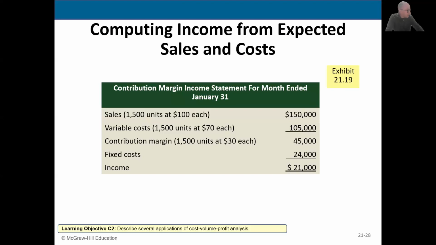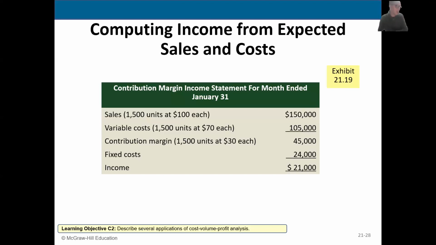So based off of these expected sales, I can figure out what my expected income should be. So 1,500 units at $100 a piece, that's $150,000 in sales, minus variable cost of $105,000, equals contribution margin of $45,000, minus our fixed cost of $24,000, equals an income of $21,000.